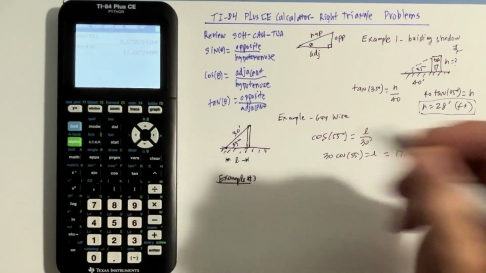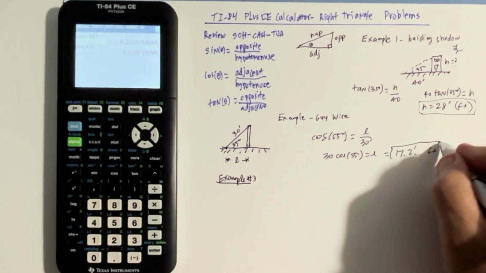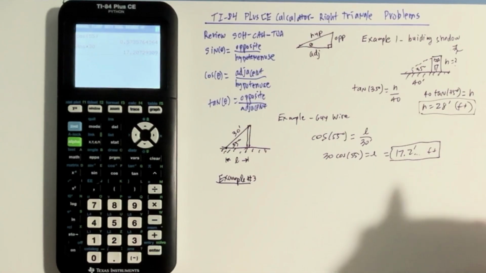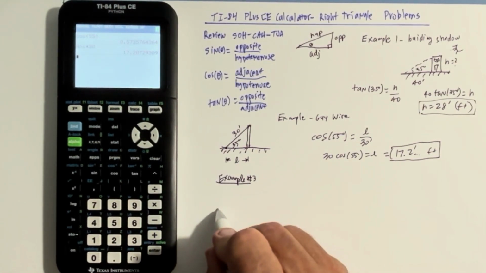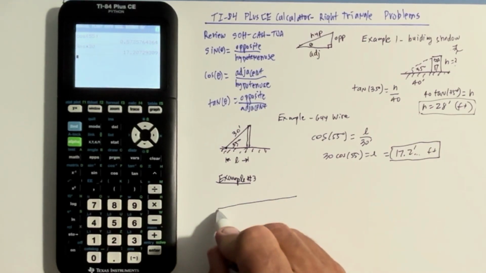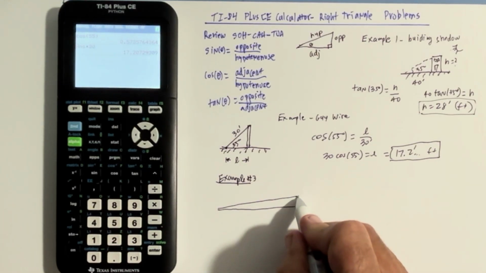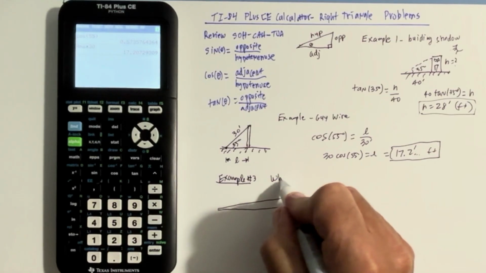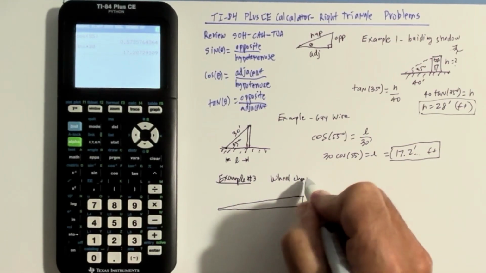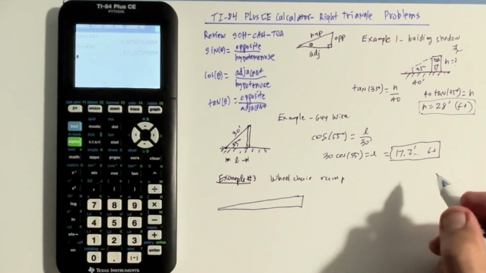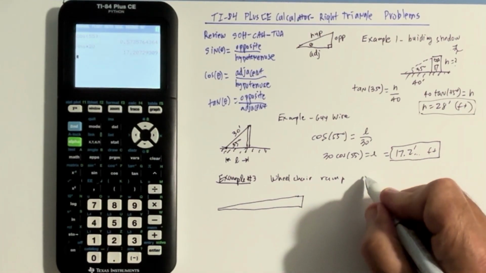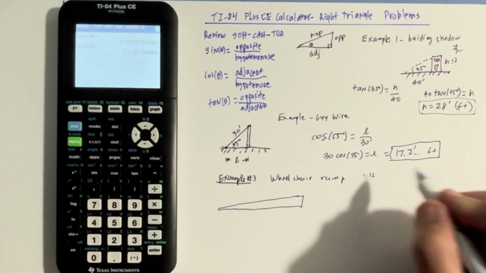Let's look at a third example. There's our answer for the last one, 17.2 feet approximately. In this case, we're building a ramp. It's going to be a wheelchair ramp. The Americans with Disabilities Act requires a ratio of 1 to 12.